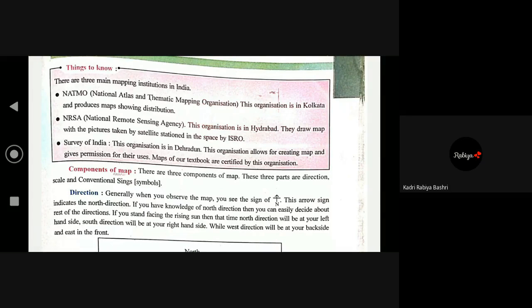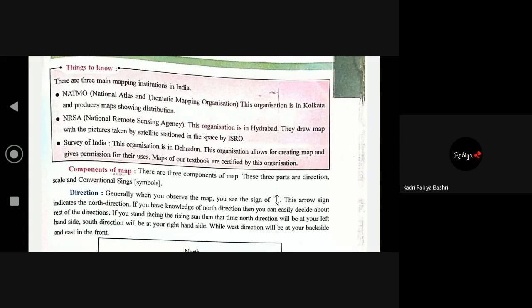There are three main mapping institutions in India. Number 1, NATMO, National Atlas and Thematic Mapping Organization. This organization is in Kolkata and produces maps showing distribution. Number 2, NRSA, National Remote Sensing Agency. This organization is in Hyderabad.